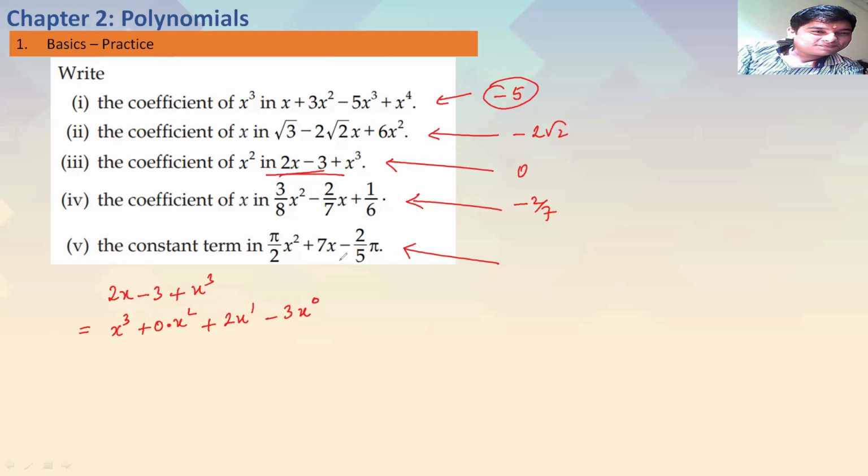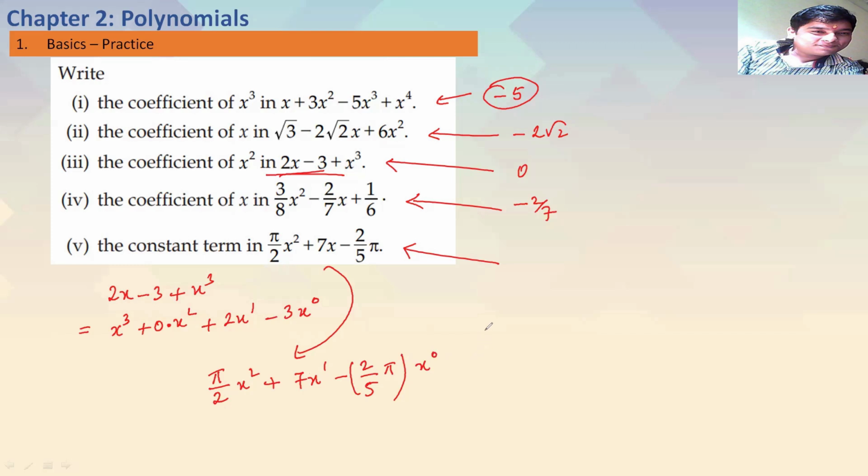Ankita, you're missing out on it. Let's standardize this. It is pi by 2 x squared plus 7 x power 1 minus 2 by 5 pi. What will come here? X power 0, right?